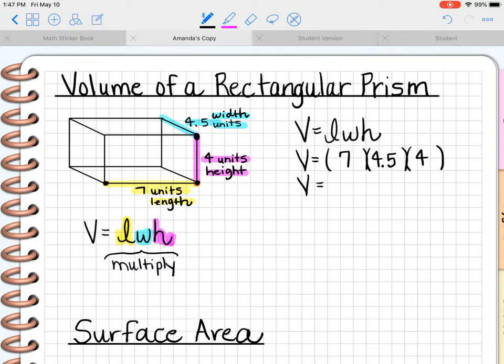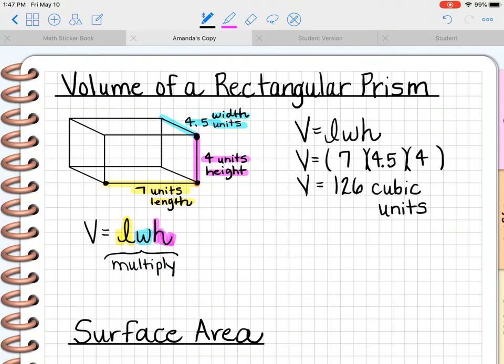And the calculator will do the rest of this for me. I left my calculator on my desk, so you're going to have to bear with me just a little bit. Let's do 7 times 4.5 times 4. Let me try that again. 7 times 4.5 times 4 is 126 cubic units.